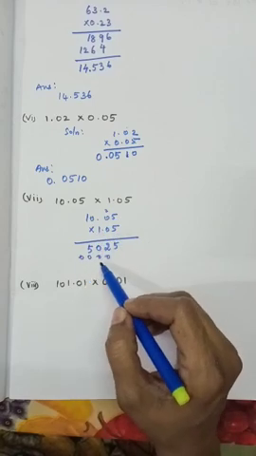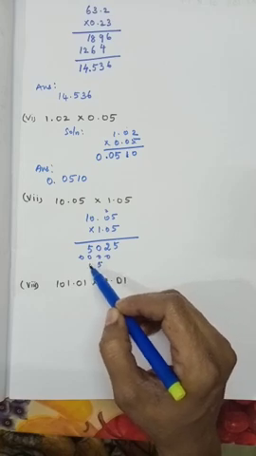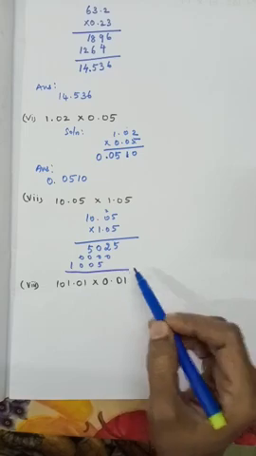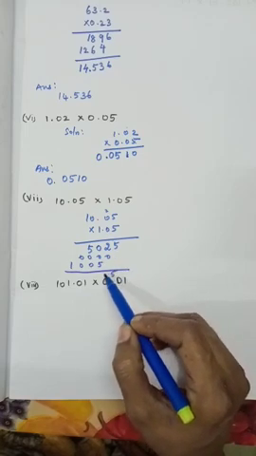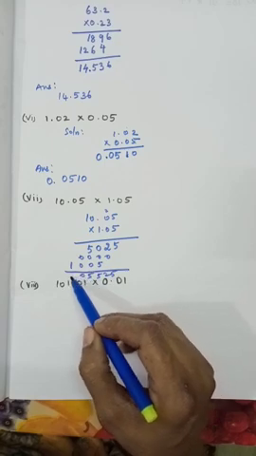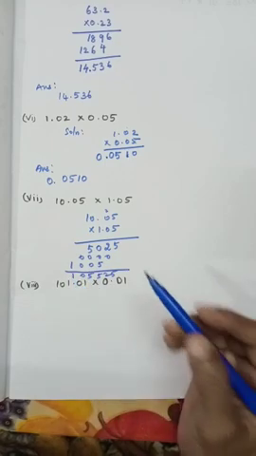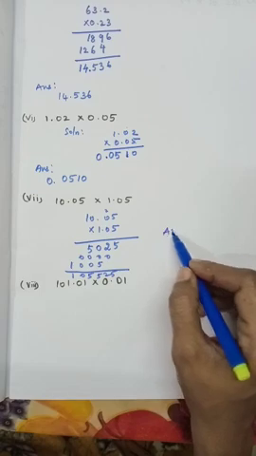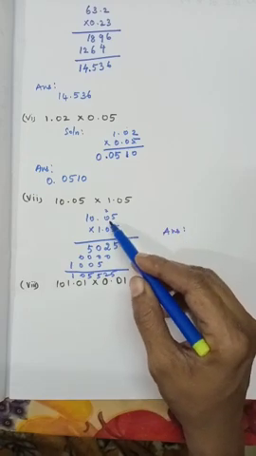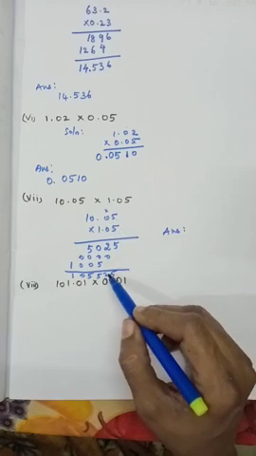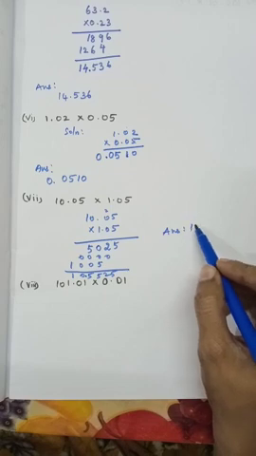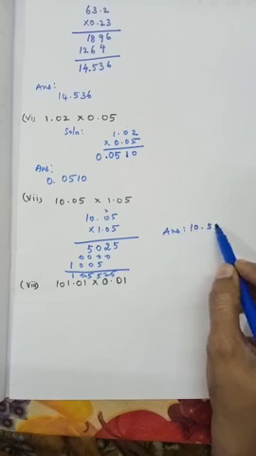Then by 1 you are multiplying. 5, 0, 0, 1. Okay. Now you add 5, 2, 5, 5, 0, 1. Okay, after how many digits you have to keep point? 1, 2, 3, 4. So the answer is 10.5525.